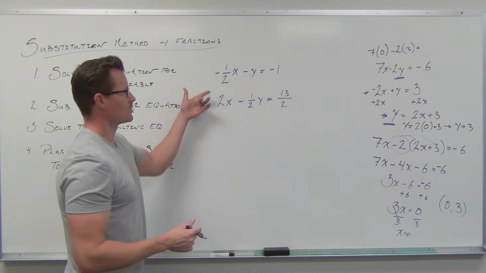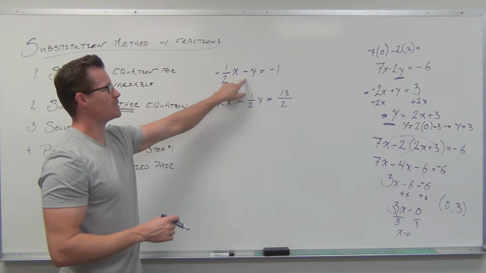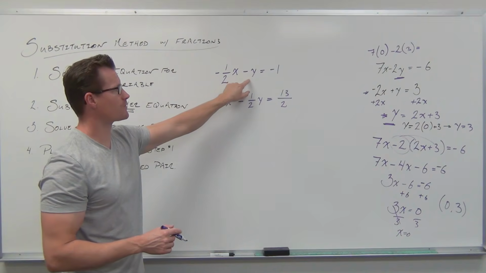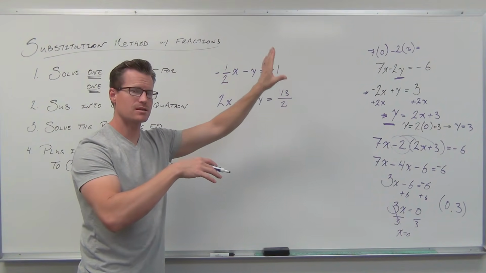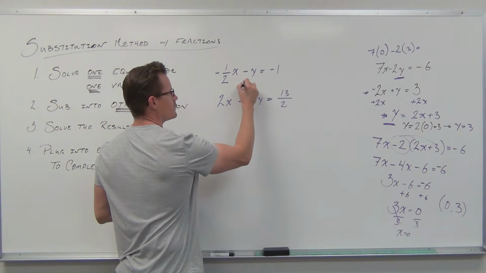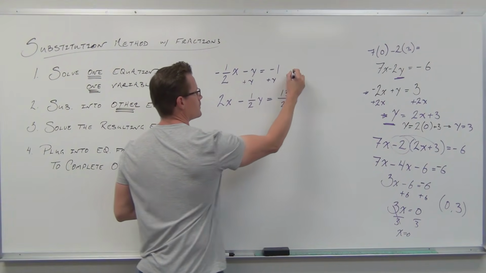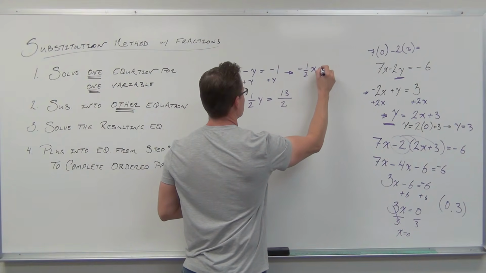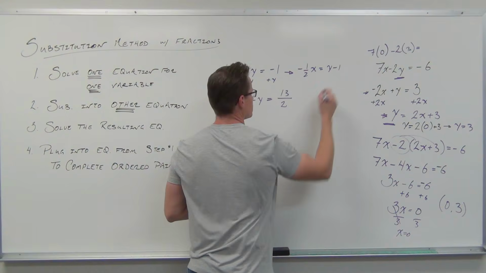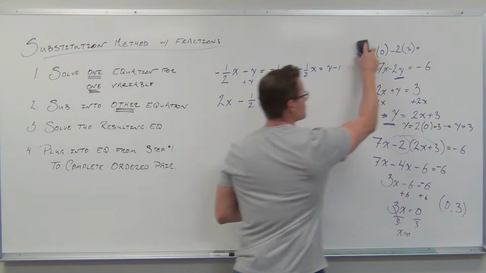So I would look at this and go, oh, man, both of these are nasty, but that's easier to solve for. I'm going to solve for this y. So I'm going to do it by adding y to both sides and subtracting 1. It looks like adding 1.